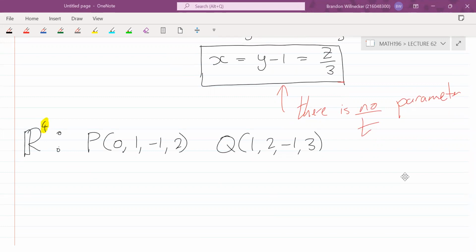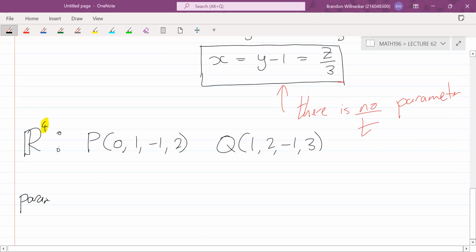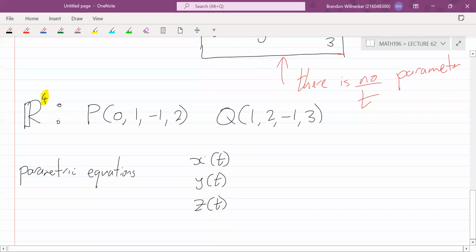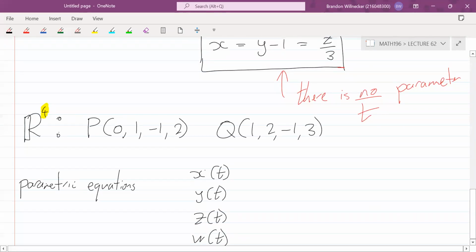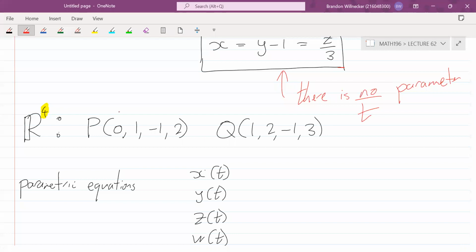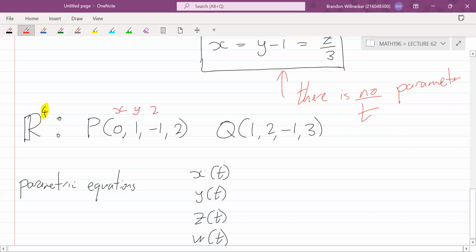So for your parametric equations, you would have something like x of t, y of t, z of t, and maybe the last one, let's call that w of t. Because there's 4 components here. So you've got your x, y, z, w, for example.